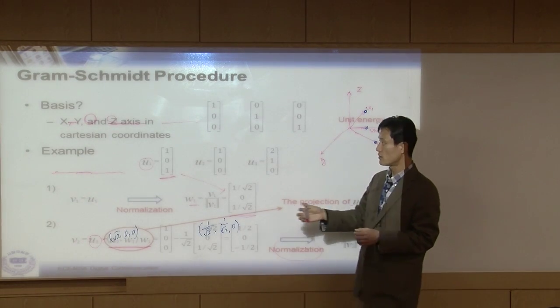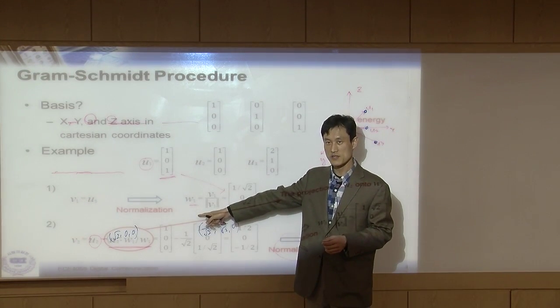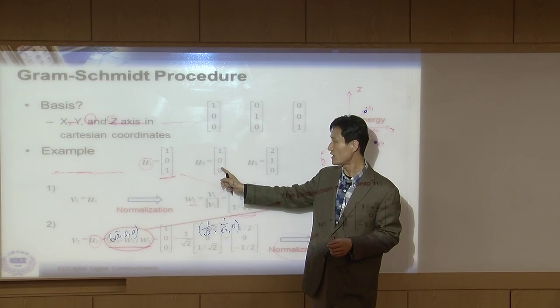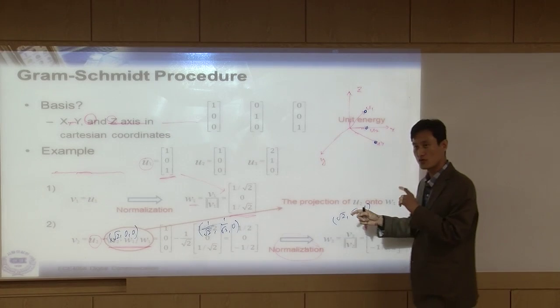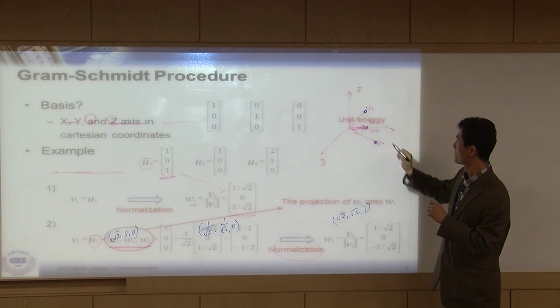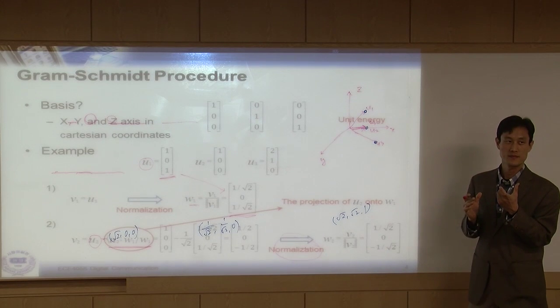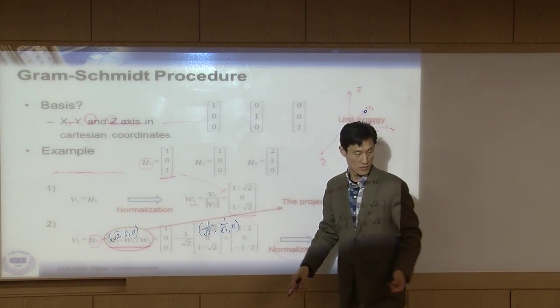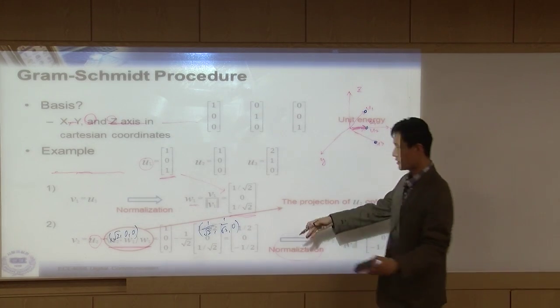What's the first thing to do? We want to take a normalization. This is already normalized, so this is going to be the first W1, the first basis. Based on that, we are going to do the same thing.